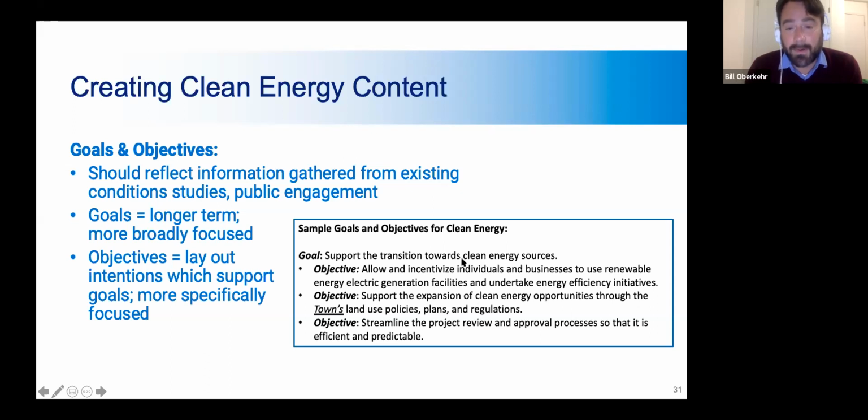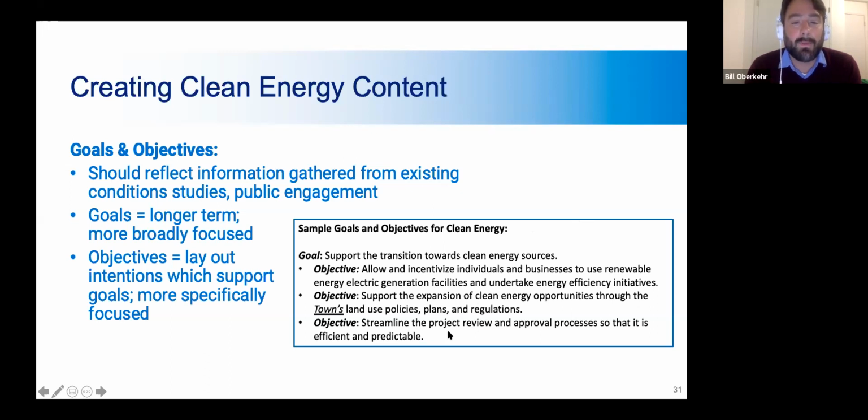Objective 2, support the expansion of clean energy opportunities through the town's land use policies, plans, and regulations. So we're going to have zoning that supports the transition toward clean energy sources. Objective 3, streamline the project review and approval processes so that it's efficient and predictable.